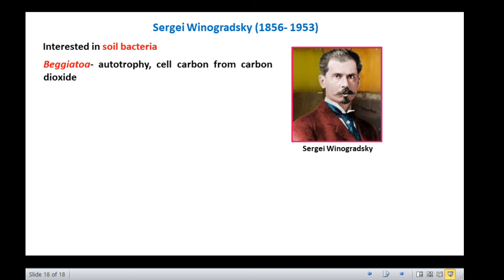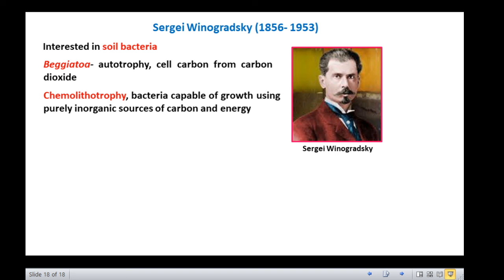This led Winogradsky to propose the concept of chemolithotrophy, bacteria capable of growth using purely inorganic compounds for carbon and energy. He was one of the first scientists to isolate pure cultures of nitrifying bacteria and to confirm that they carried out the separate steps of conversion of ammonia to nitrite and of nitrite to nitrate.